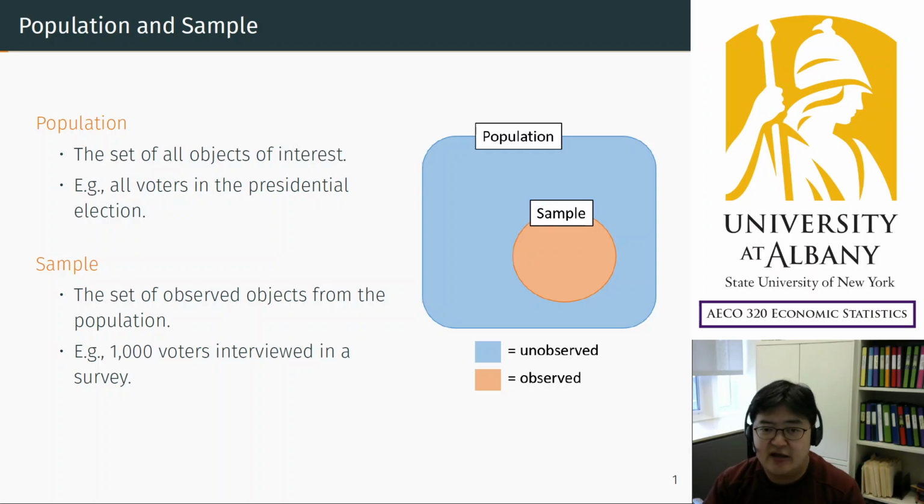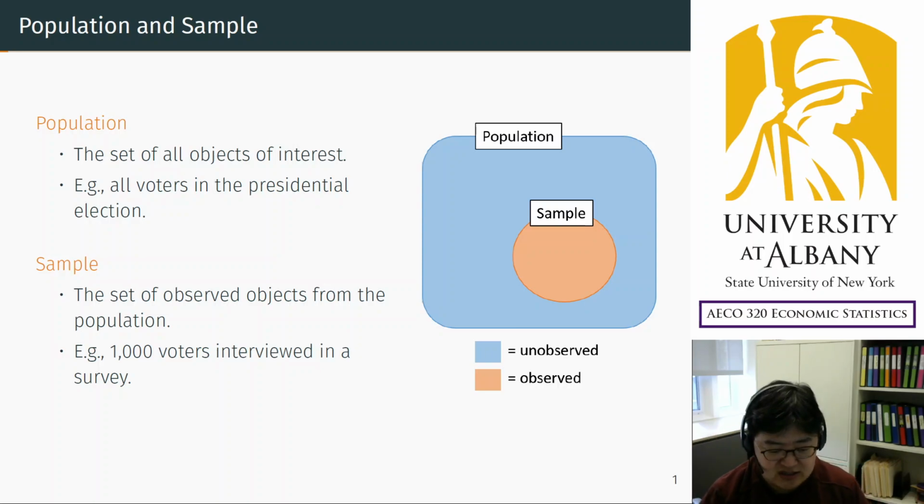Suppose that we would like to estimate how many votes a candidate earns in the presidential election. If there is an election, what percentage of voters are going to vote for a certain candidate? That's what you want to know.